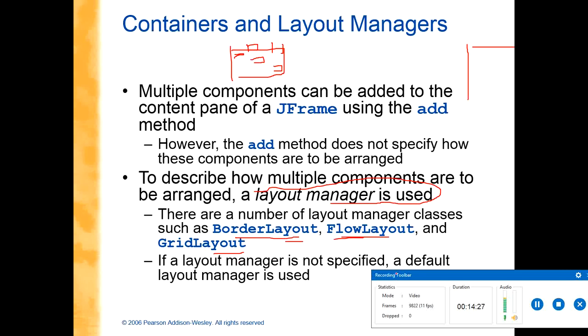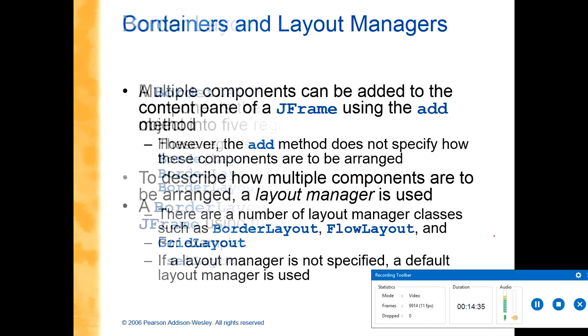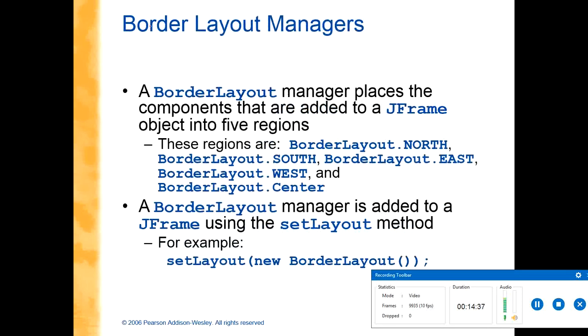Now if a layout manager is not specified, a default layout manager is used. So let's start with understanding these layout managers. First of all, we will talk about the border layout manager. It places the components that are added to the JFrame in 5 regions.